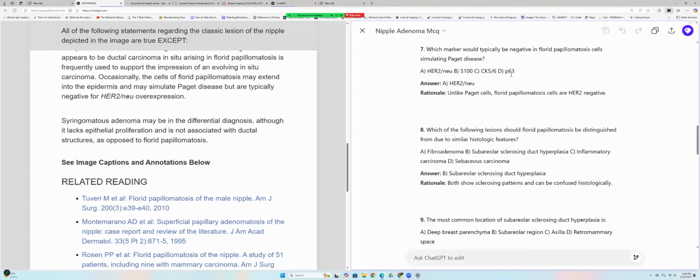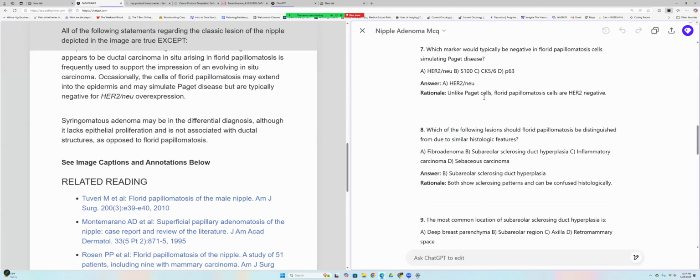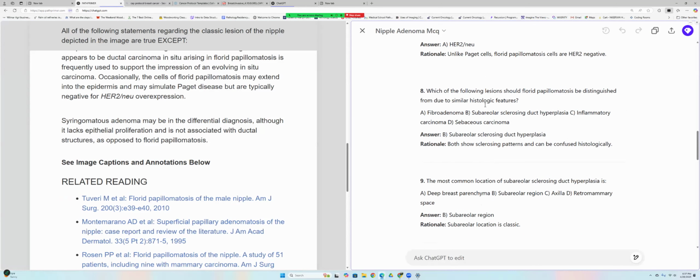S100, CK5 are all normally negative in Paget. CK7, HER2/neu, EMA, and GCDFP-15 are positive. So it will be negative in this case.